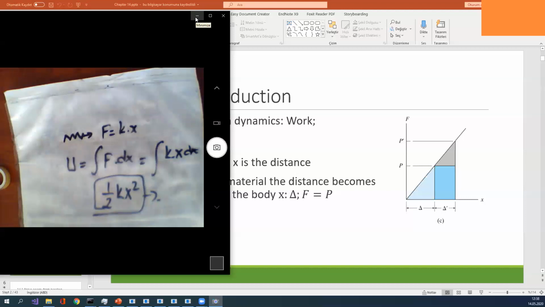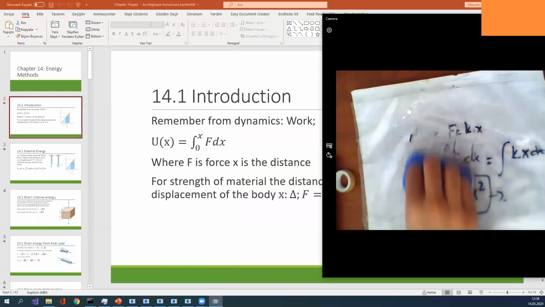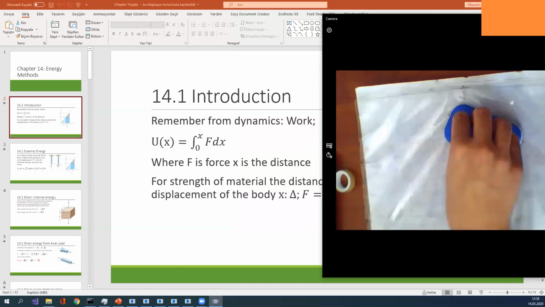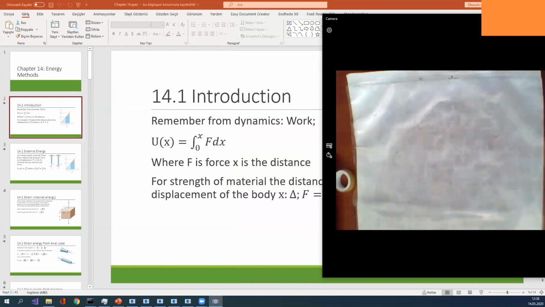Okay, what about our beam structures? In the bicycle example, you remember that the body moves, but here our body does not move; it can make a deflection, a displacement. So what can we calculate with the displacement, or the work done by the force?